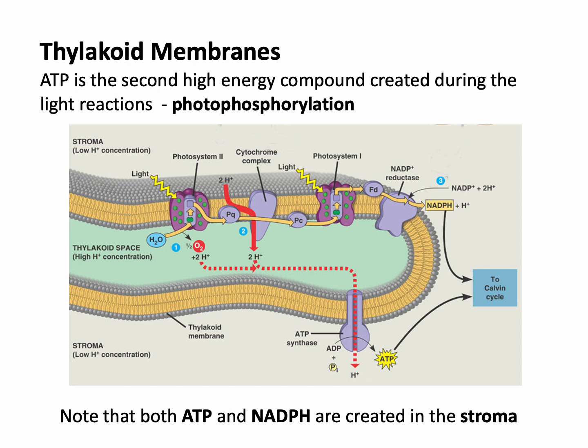So we already talked about how NADPH is necessary for the Calvin cycle, or that dark reaction. But what about the ATP, which is the other high energy product? Well, this one's a little trickier, but at the same time, I feel like it's pretty intuitive. As the electron moves through the electron transport chain, there is actually a pump.